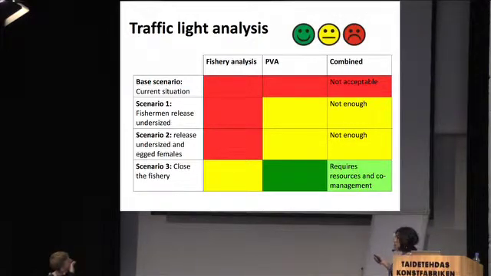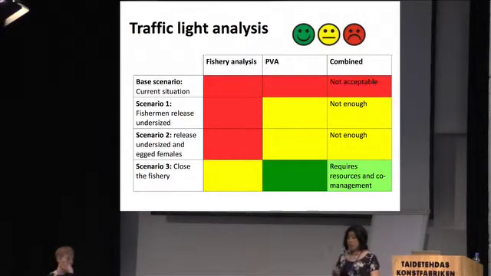In this case, the only option that they had was to really close the fishery, at least for a time, until it recovered, if we wanted to keep fishing lobsters in the future. Now this requires a lot of effort and resources.